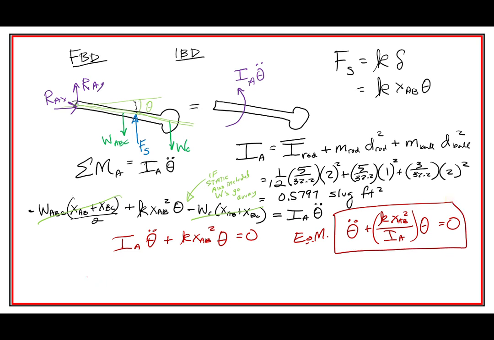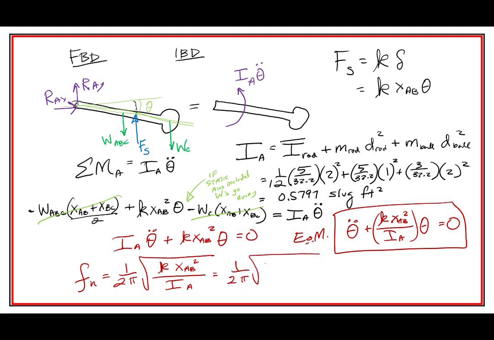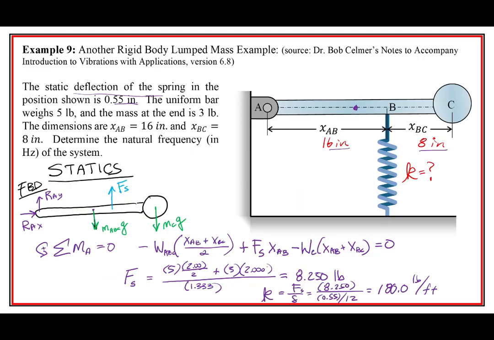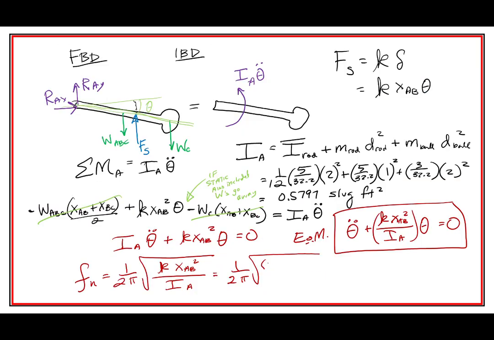So F_n is equal to 1 over 2 pi times the square root of k X_AB squared over I_A, and 1 over 2 pi square root of k, which we established was 180 pounds per foot.